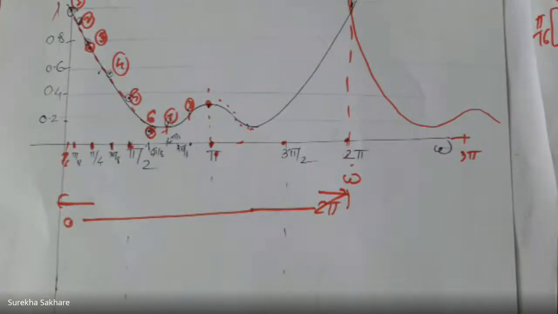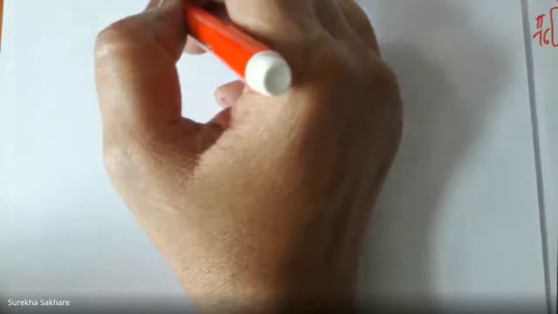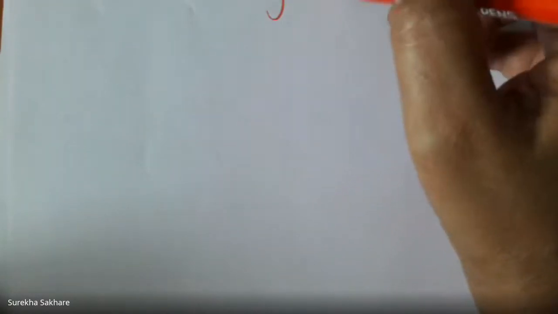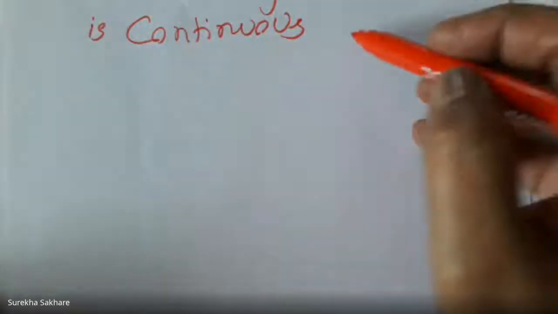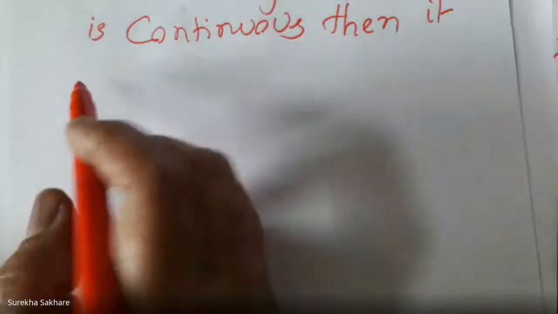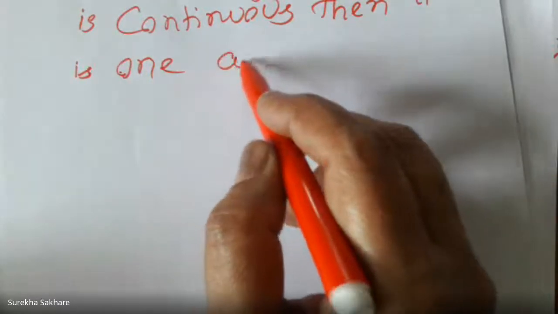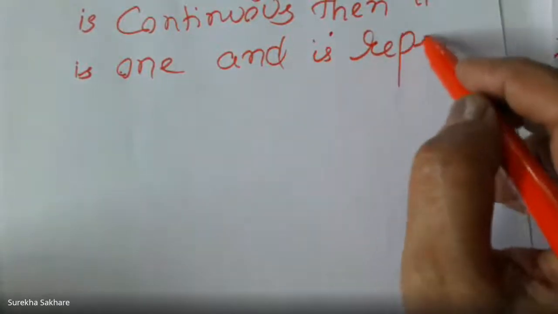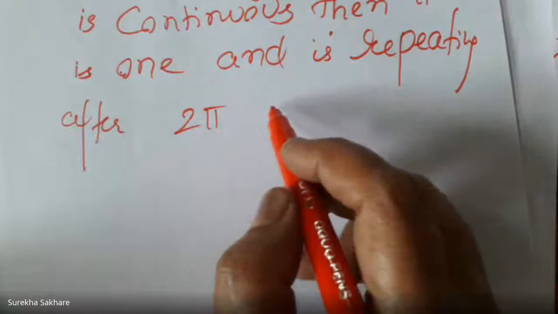This is clear. So that is why, when I say the DTFT magnitude spectrum is continuous, it is 1, and it is repeating after 2 pi values, the 0 to 2 pi values.